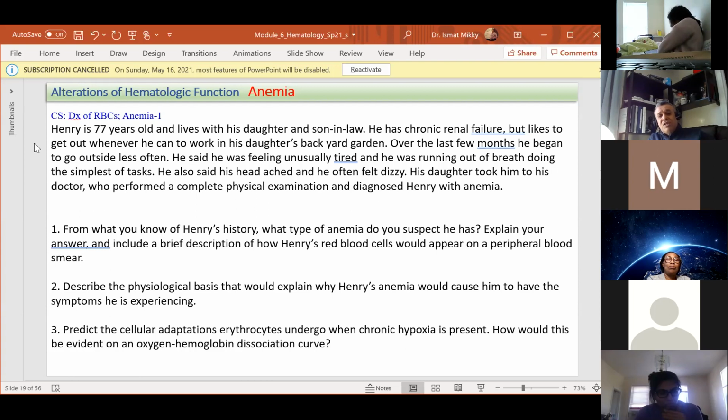As a result, tissue hypoxia will result and create symptoms. When the cells are hypoxic, due to decreased RBCs and decreased oxygen carrying capacity, these tissues are not getting enough oxygen. So that's why the patient will develop weakness, fatigue and dyspnea.